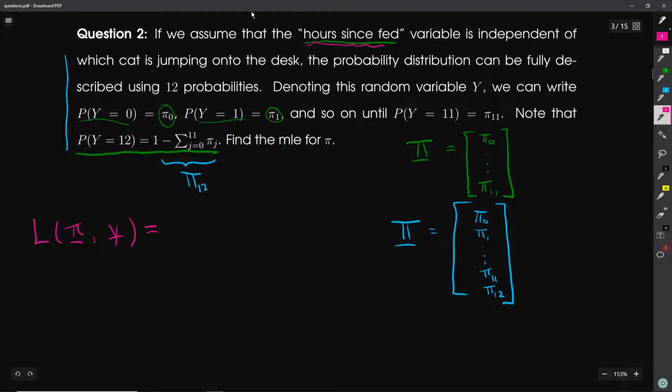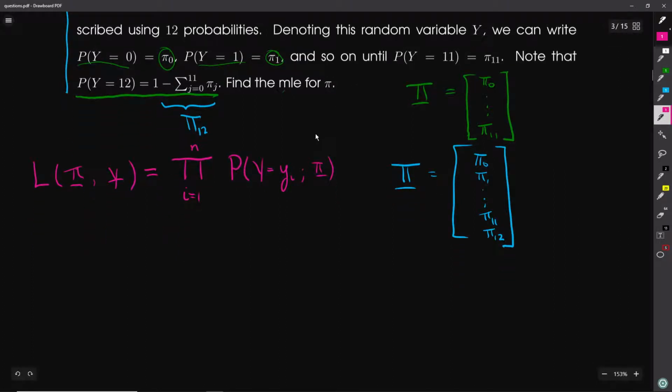And as with any likelihood from a sample of independent realizations, we take the product over all of our observations. So that's the product from i equals 1 up to n, where n is the number of observations we have. And then it's the probability that the random variable we care about, so in this case the probability that y is equal to yi, assuming that we have the parameter vector that we have specified as an argument.